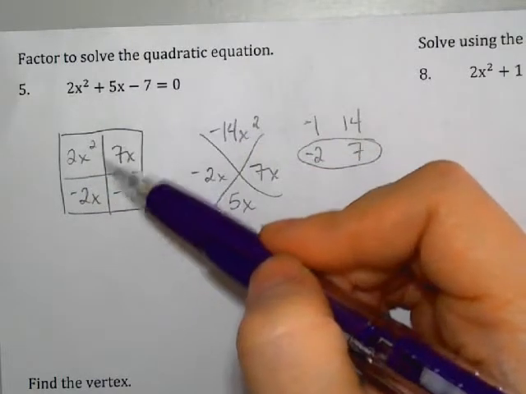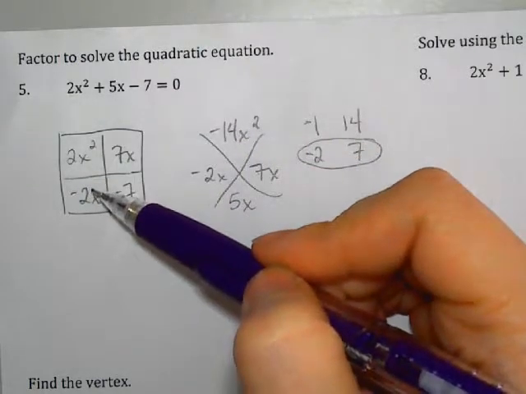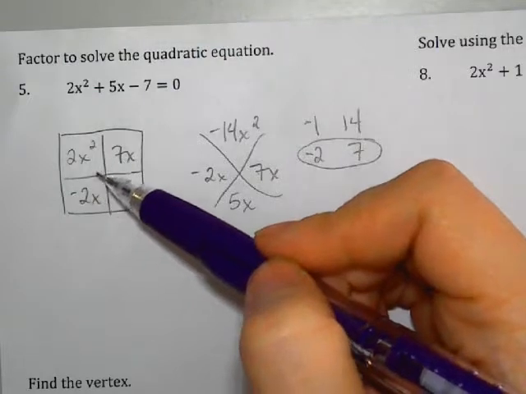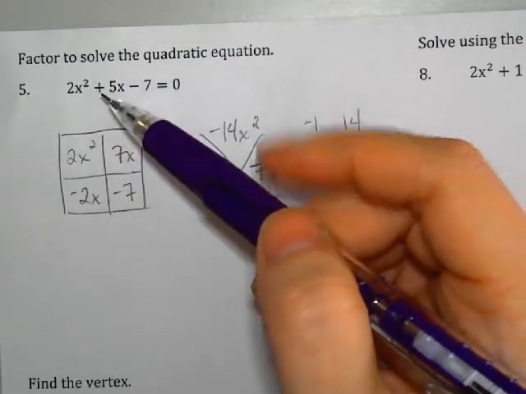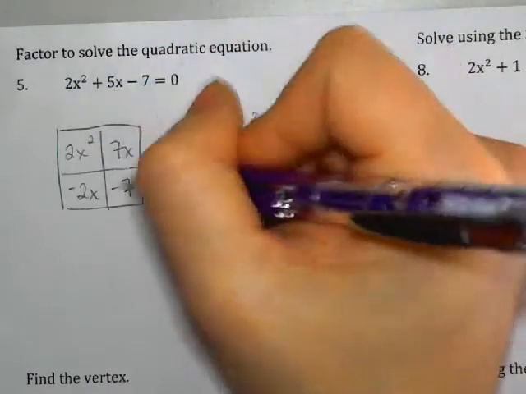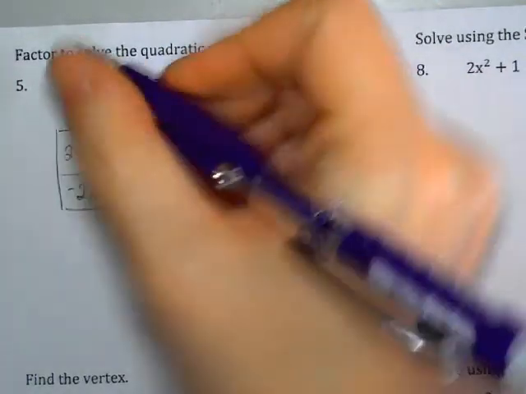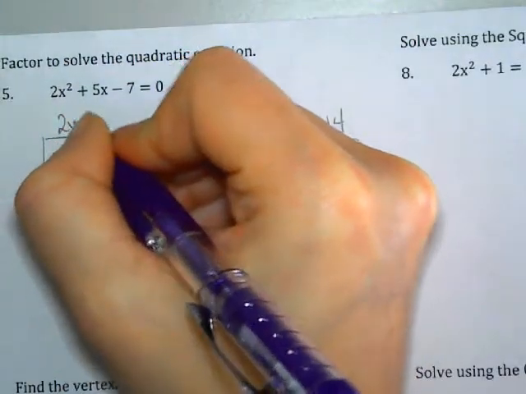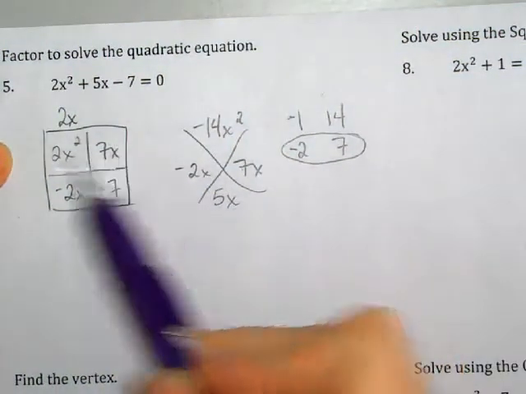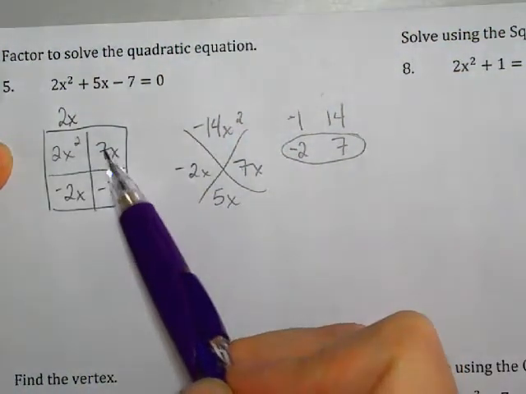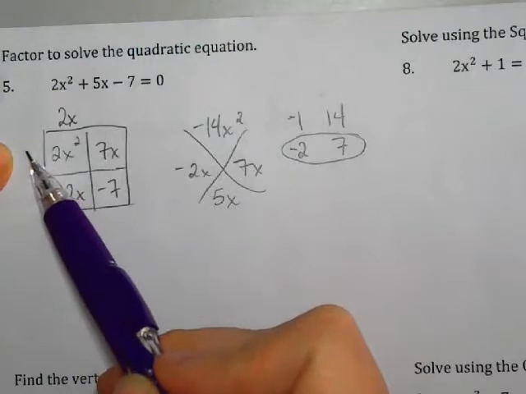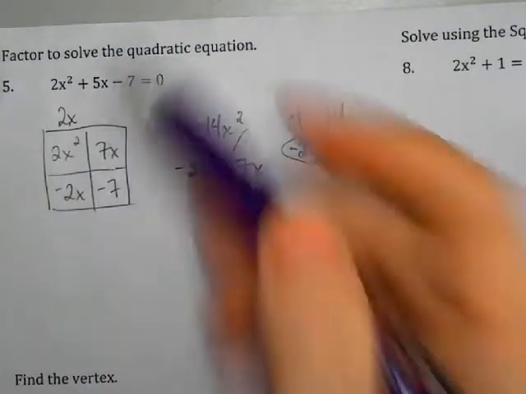X and... I'm going to say 2, but one's a negative. 2. So we'll deal with the negative later. But we can divide out a 2x from both of these. We can't take a 2x out of this side because 7 is not divisible by 2. So the 2x can't go over here.